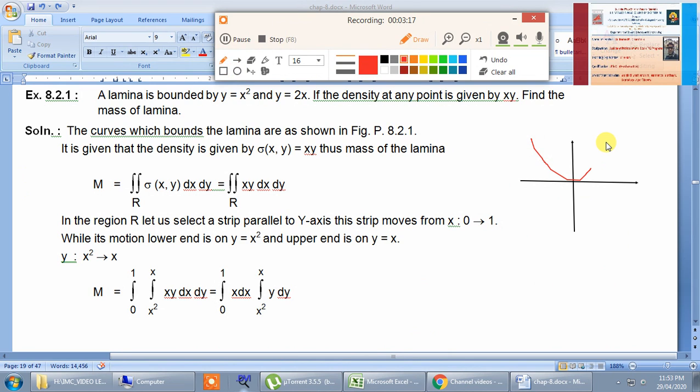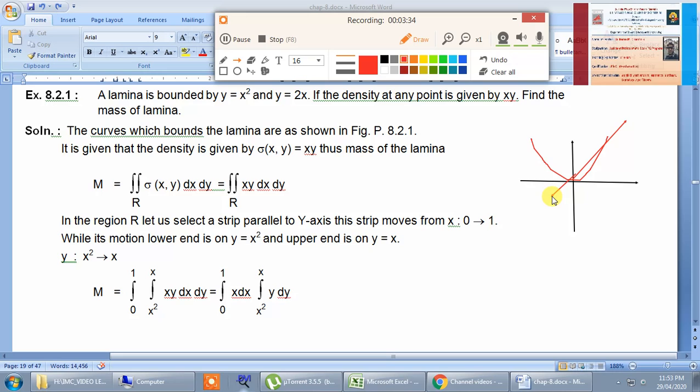The second curve is the line passing through the origin and just above y equal to x. So that is your straight line.